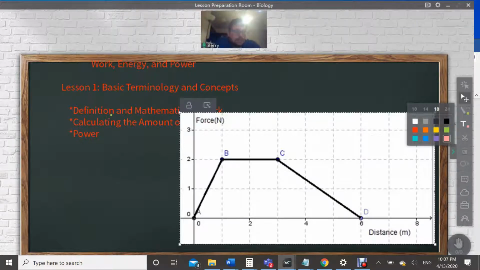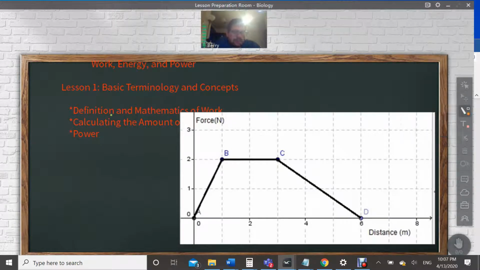The first one that they asked us is from B to C, so from here to here. Now the thing is that we're kind of lucky because the force is a constant during that part. And you'll see why that's going to be helpful for us. So to know the amount of force during this time, it's going to be the height.